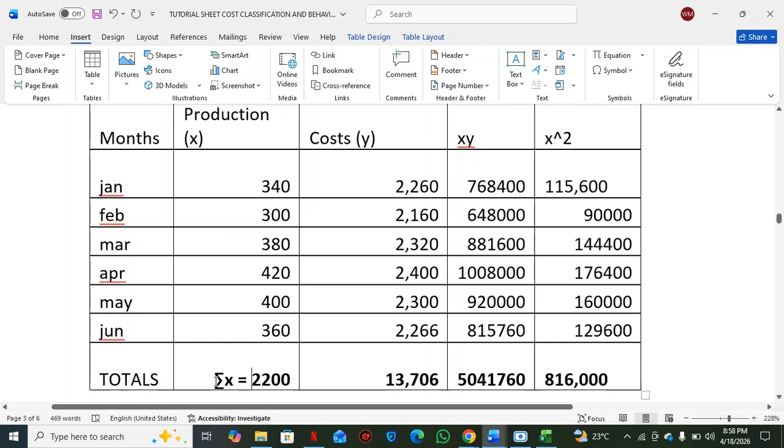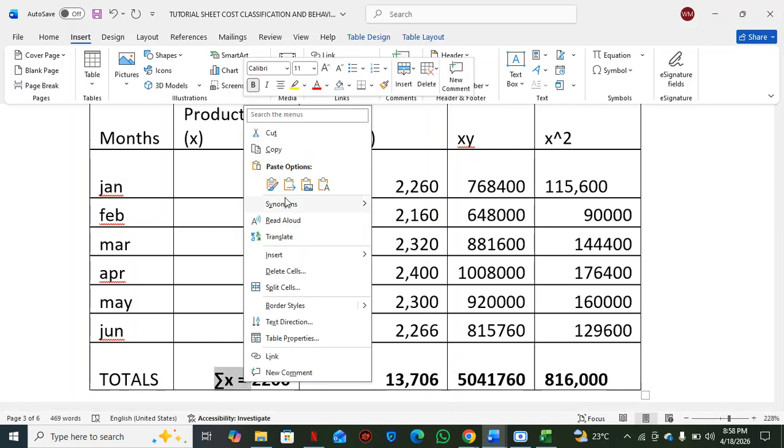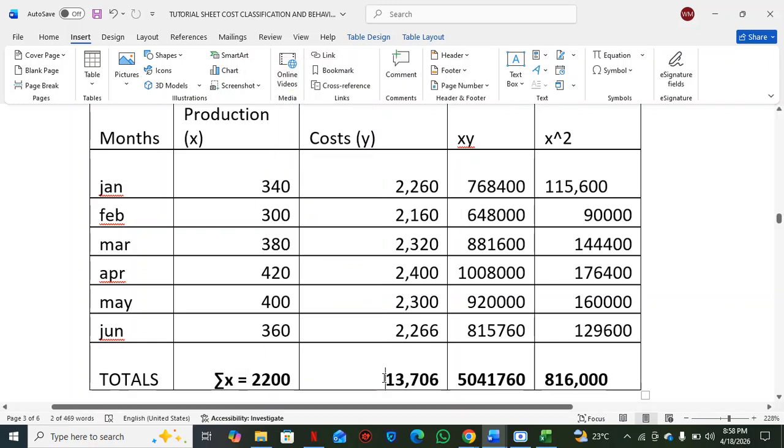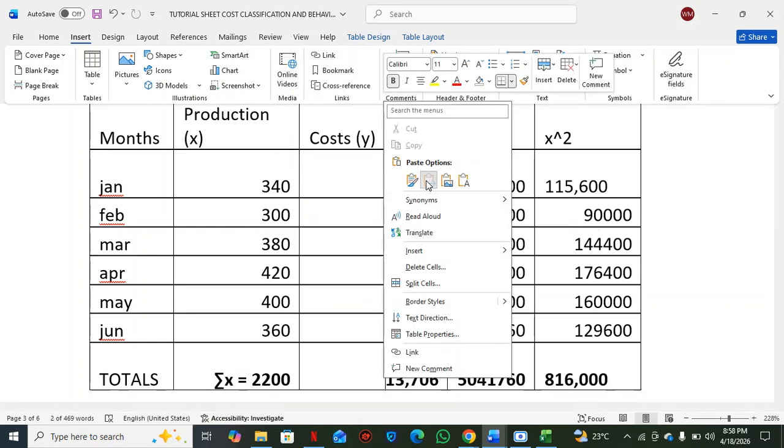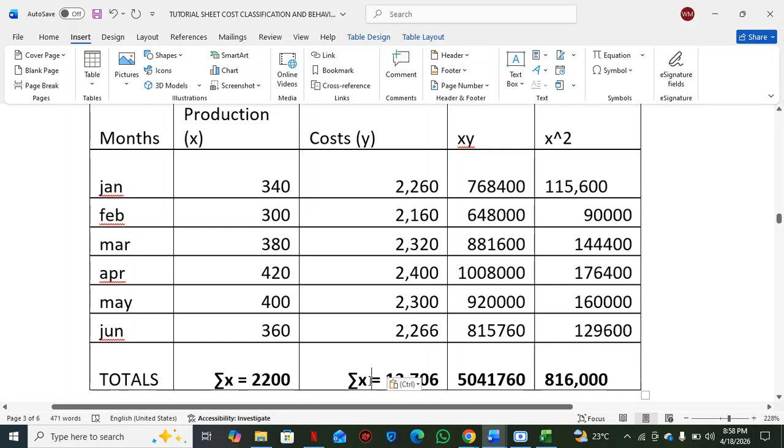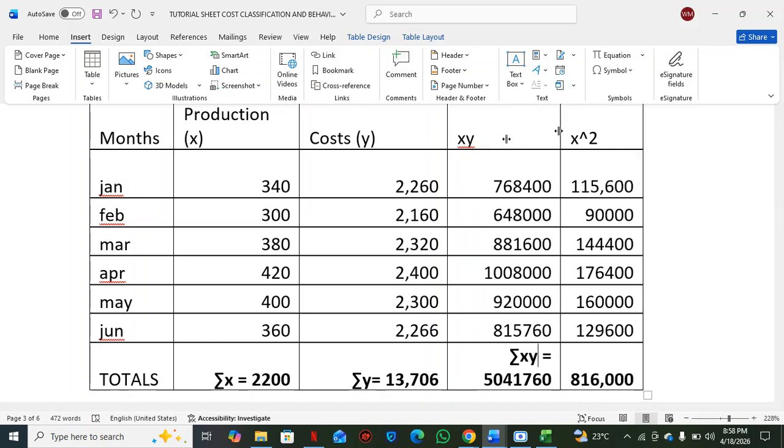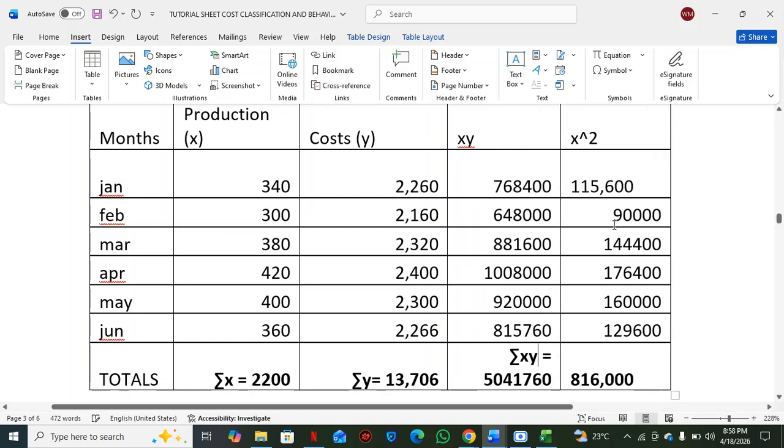This is sigma X here, and this is sigma Y here, and this is sigma XY. And this one next is sigma X squared.